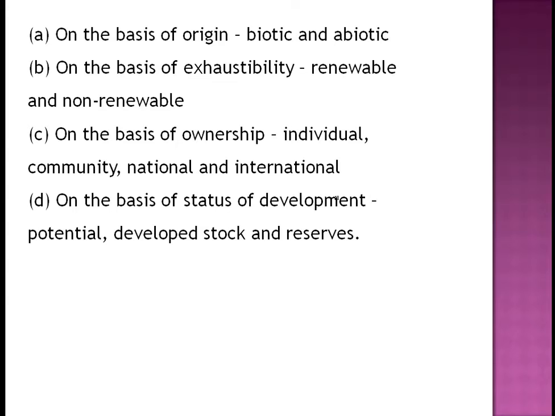It can be renewed or it cannot be renewed. Next, C. On the basis of ownership. It can be individual, community, national and international. Then on the basis of status of development, they are potential, developed, stock and reserve.